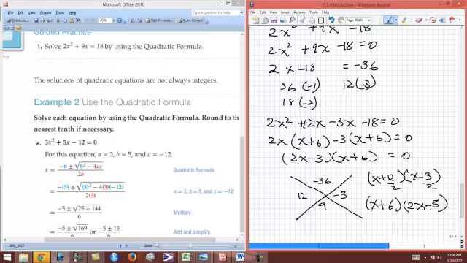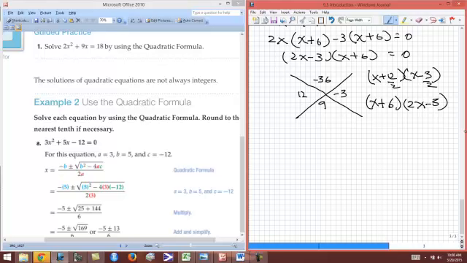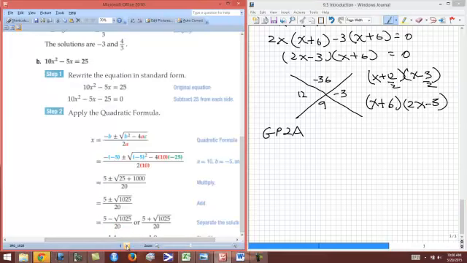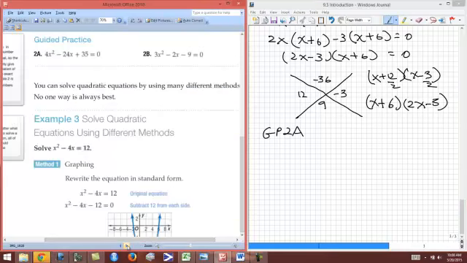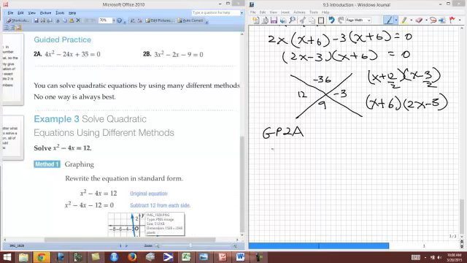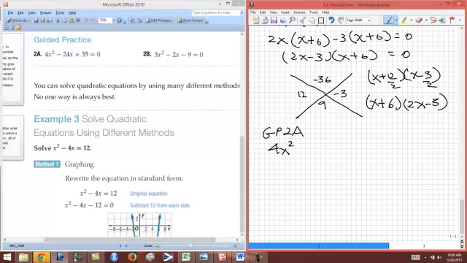So the first thing you're going to do when you're working on something is see if it factors. Now, let's go to the second guided practice, GP2A. We've got 4x squared minus 24x plus 35 equals 0.